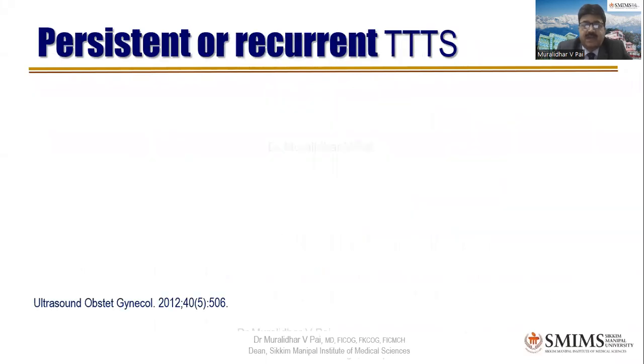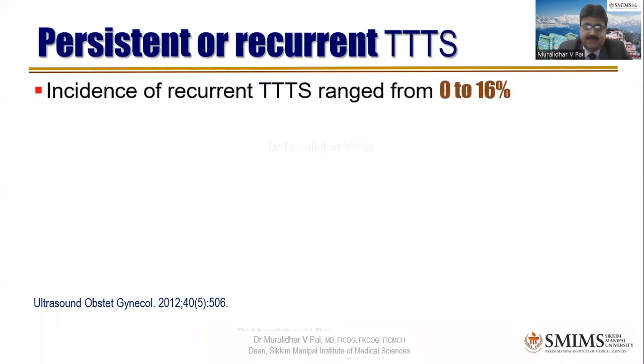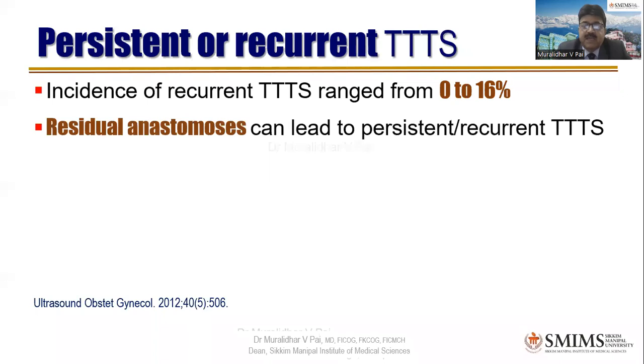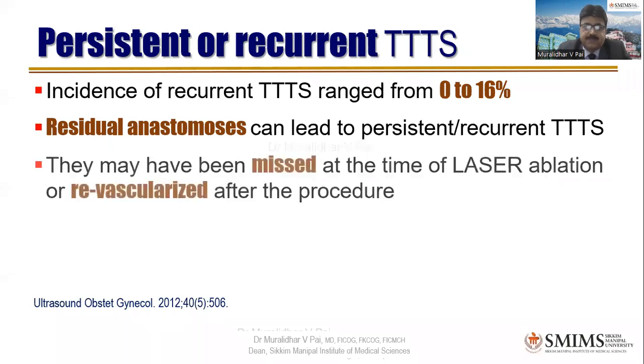Okay, now I'll go to another situation or topic called persistent or recurrent TTTS. What is that? The incidence of recurrent TTTS ranged from 0 to 16%. It may be because of residual anastomosis that can lead to persistent or recurrent TTTS.